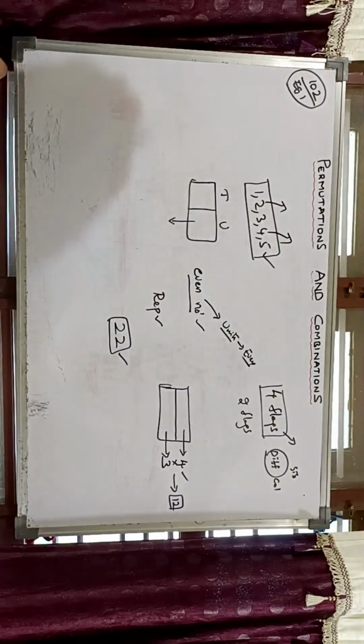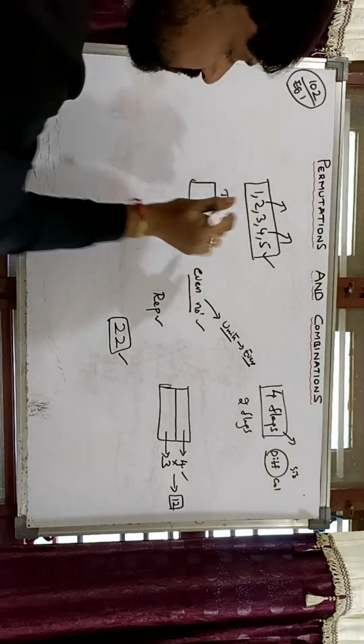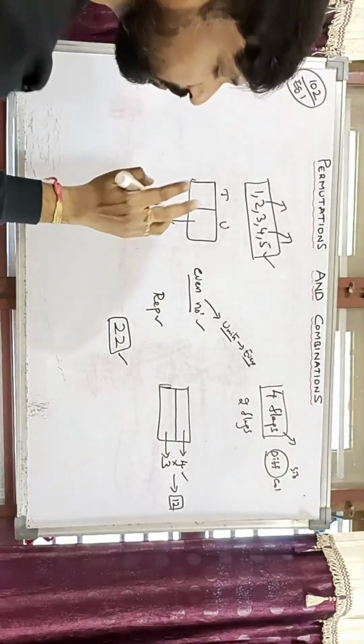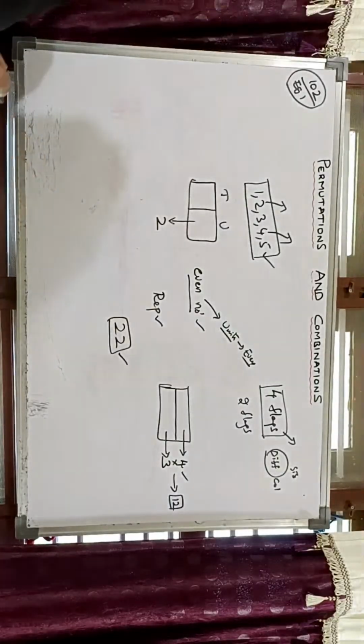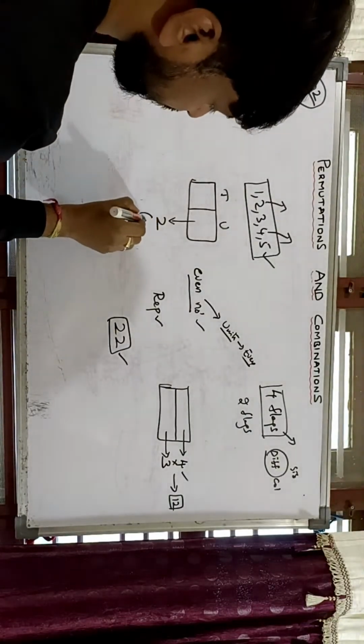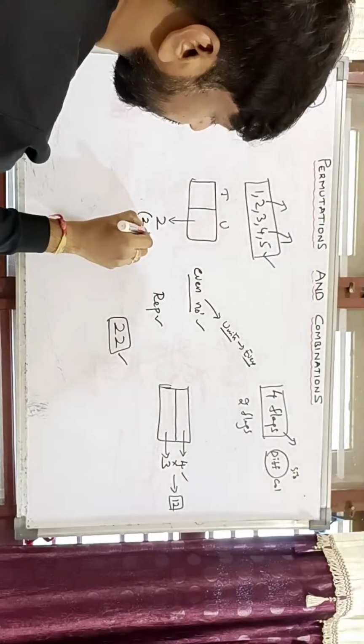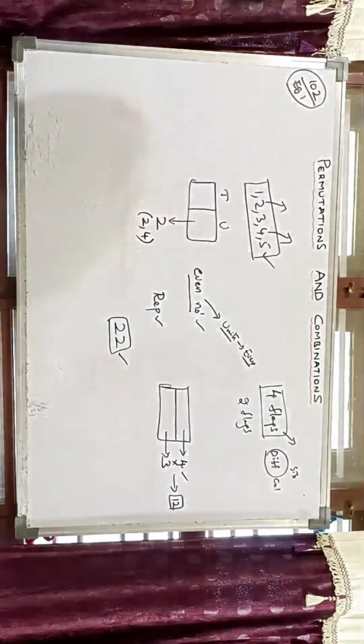There are 2 even numbers, so this box can be filled in 2 different ways: either 2 or 4.